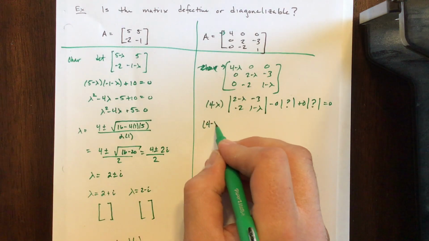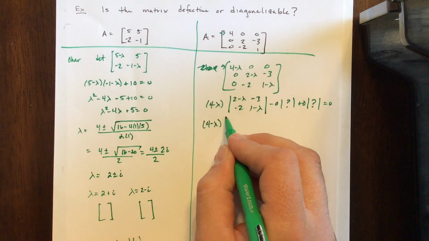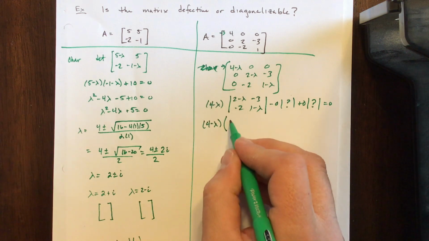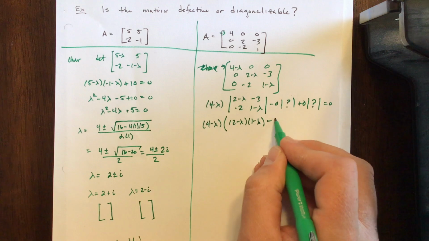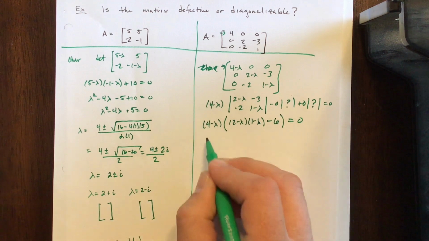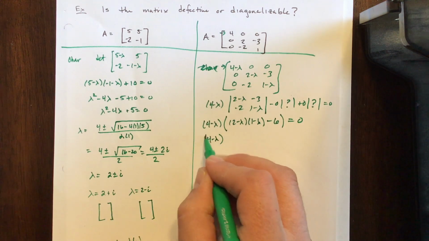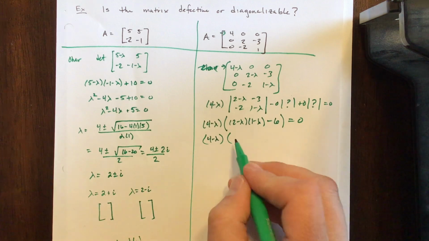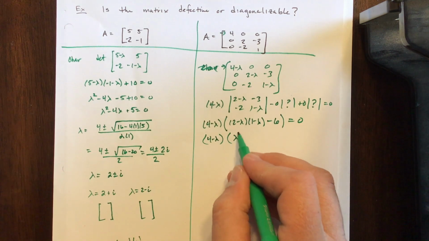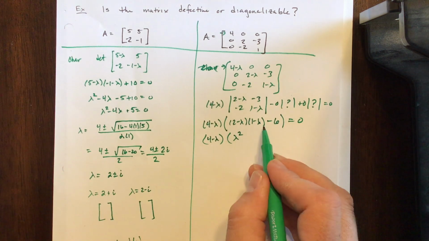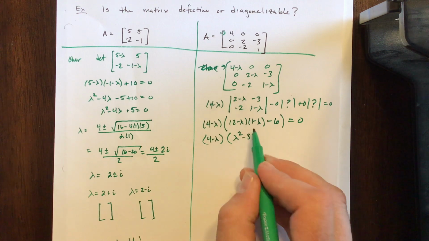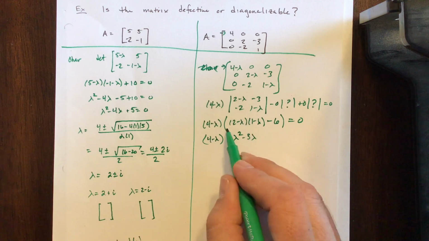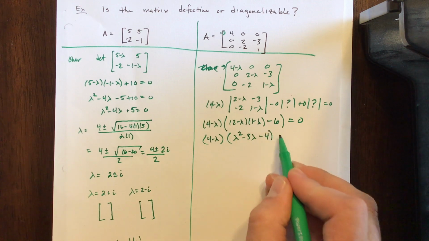So this is 4 minus lambda times, in parentheses, 2 minus lambda times 1 minus lambda minus 6 equals 0. So it's 4 minus lambda times, let's see, lambda squared minus 2 lambda minus 1 lambda, so that's minus 3 lambda, plus 2 minus 6, that's minus 4.